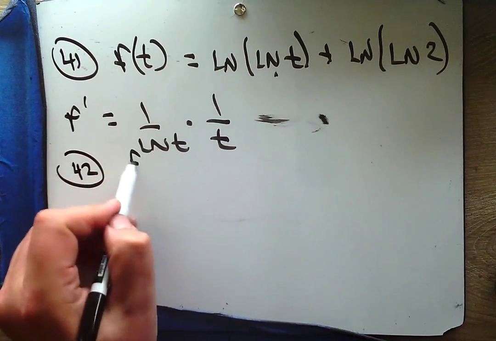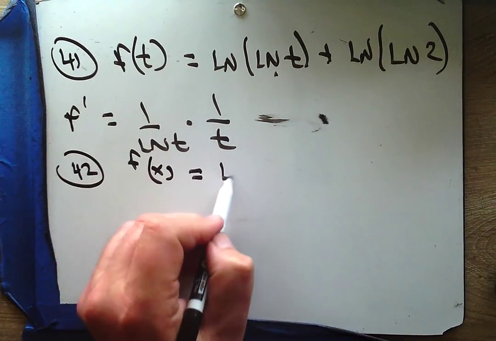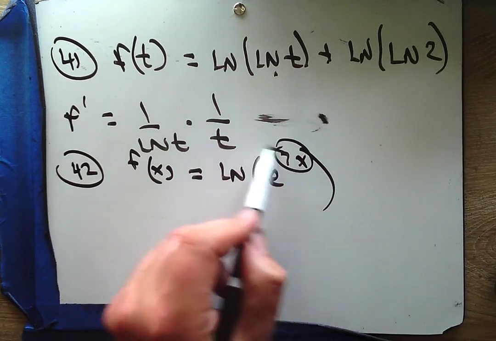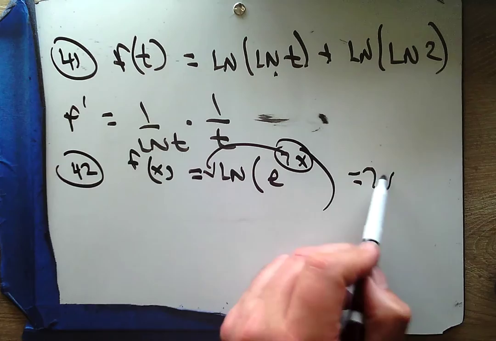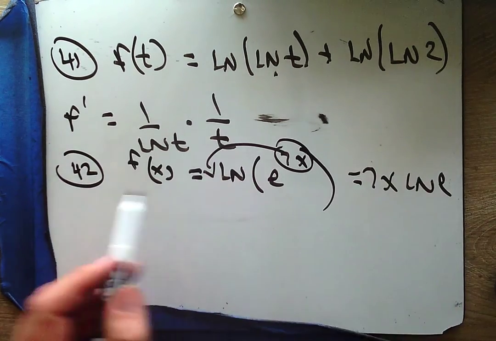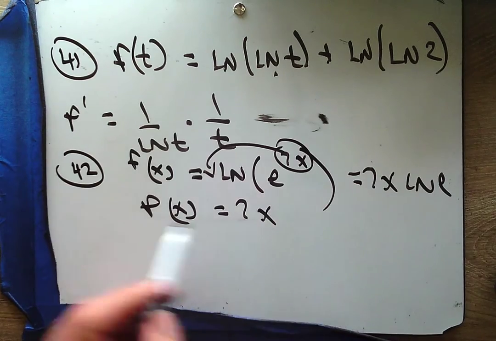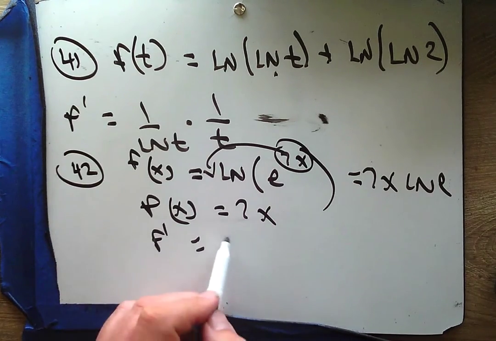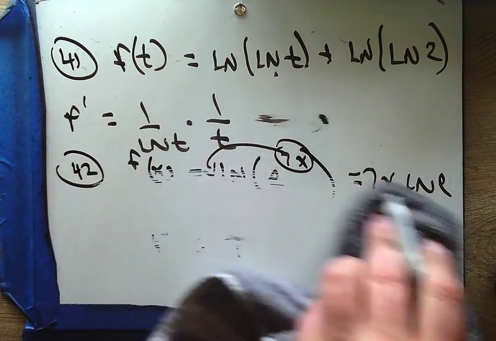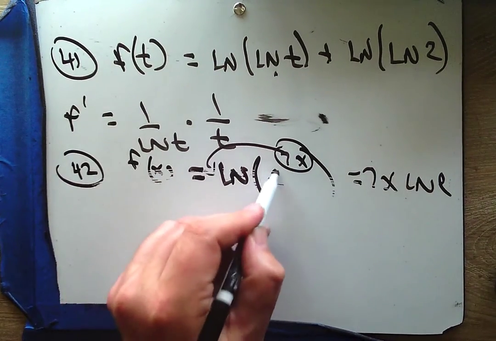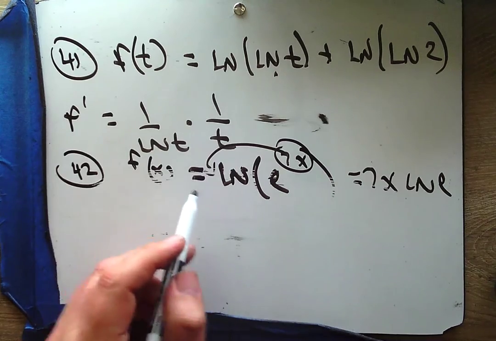42 says f of x equals ln e to the 7x. Like so, let's do it. And so if f of x is 7x, then f prime has got to be 7. But now I hear you. You don't like that. But really, you should like that.